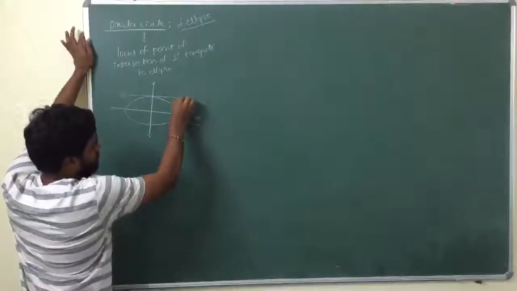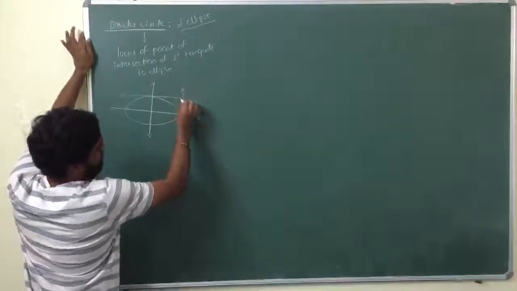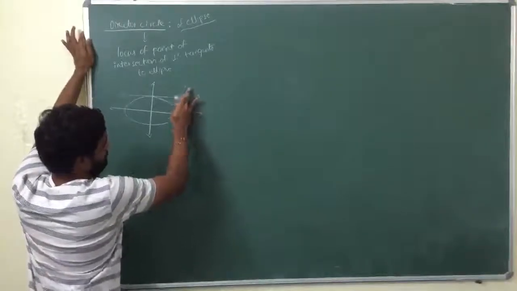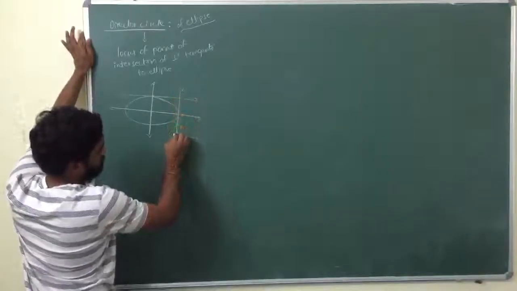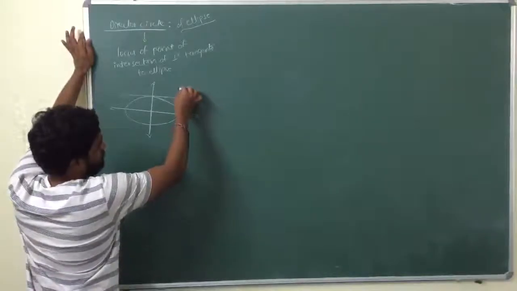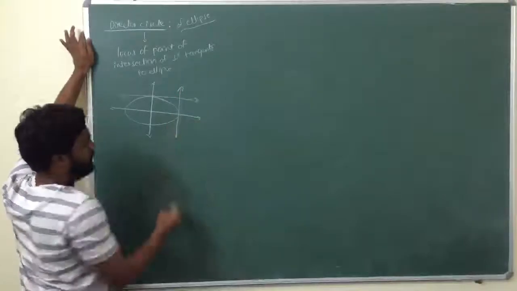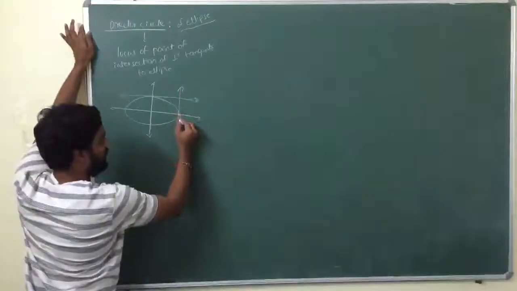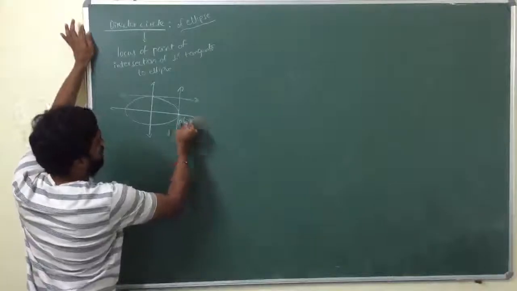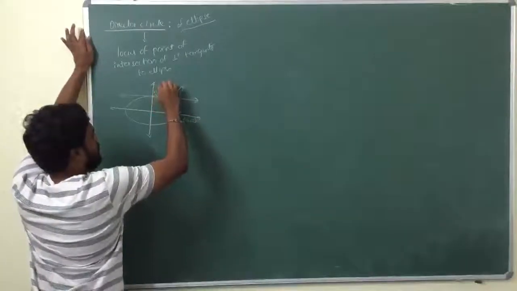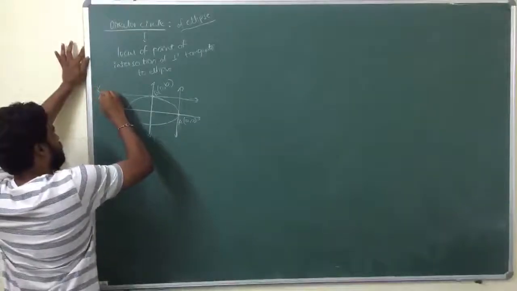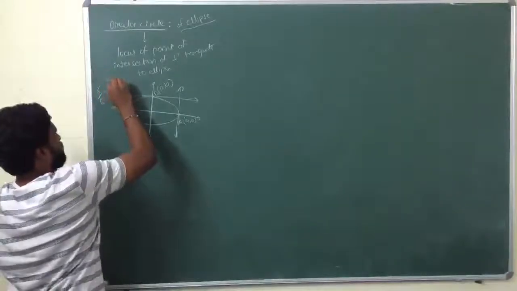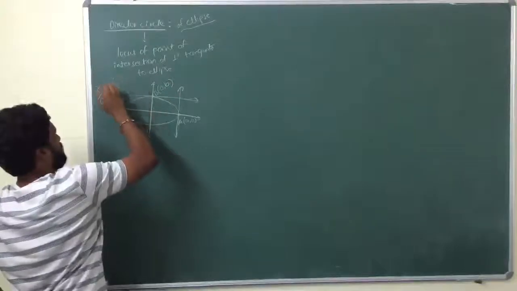Are these two perpendicular? This is point A, a comma 0, and this is point B, 0 comma b. The equation of ellipse is x square by a square plus y square by b square is equal to 1.